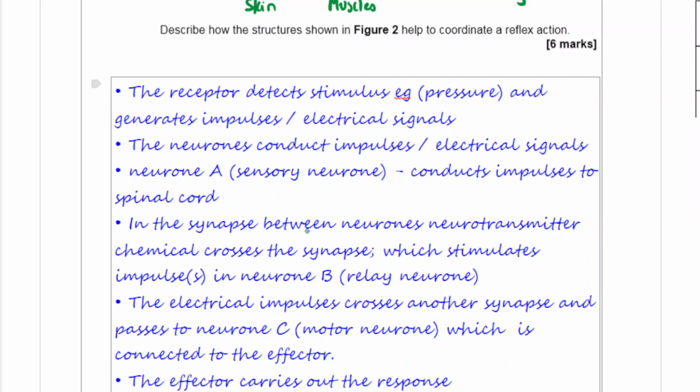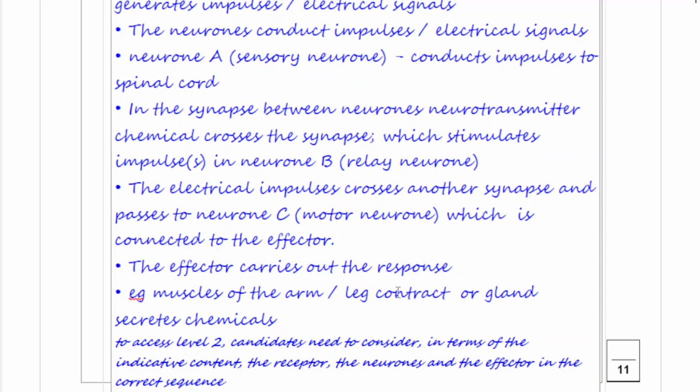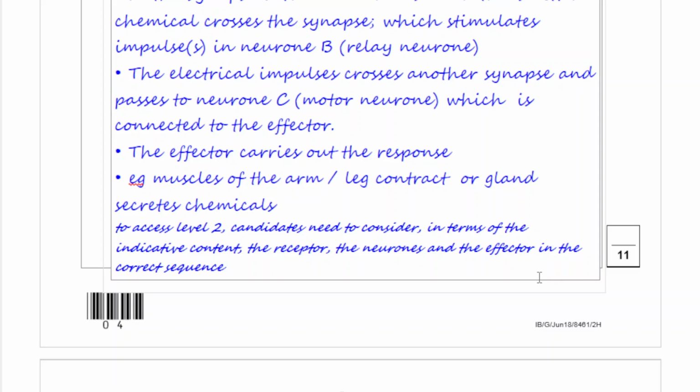In the synapse between neurons, neurotransmitter chemicals cross the synapse, which stimulates impulses in neuron B, which is the relay neuron. The electrical impulses cross another synapse and pass to neuron C, which is the motor neuron. The effector carries out the response. Example, muscles of the arm or leg contract, or gland secretes chemicals. That's the end of question number 1, and I will see you in question number 2.